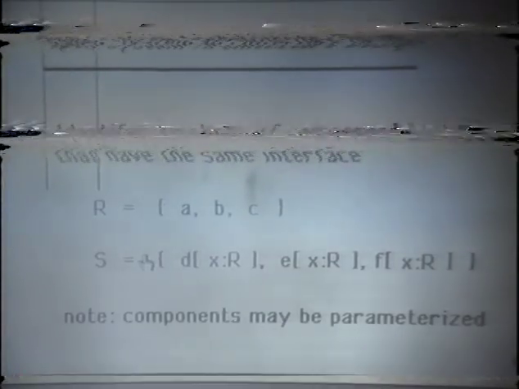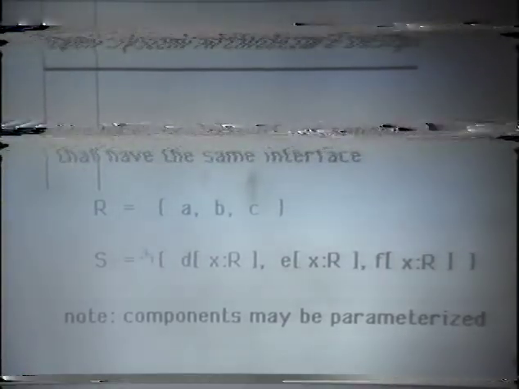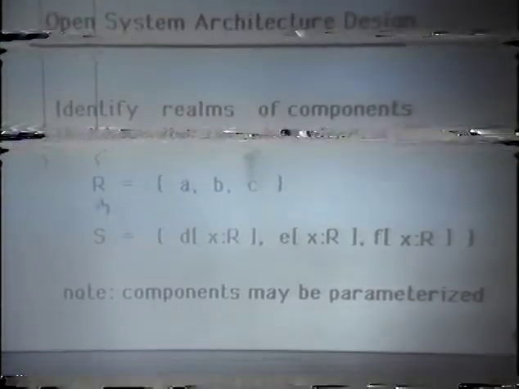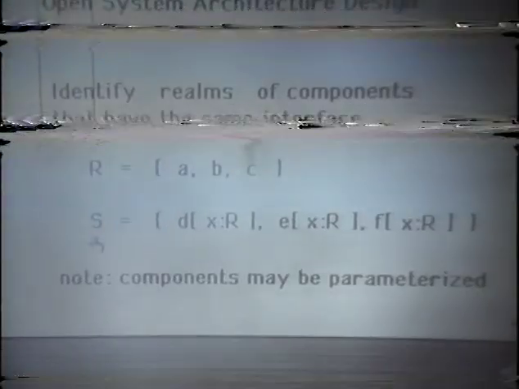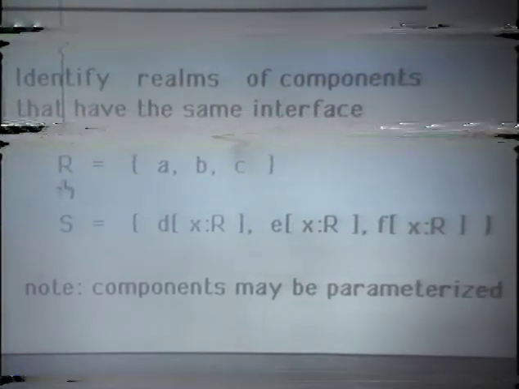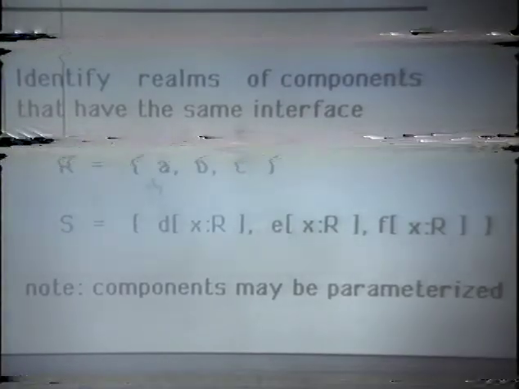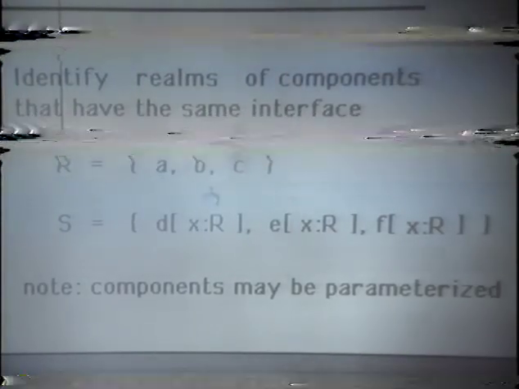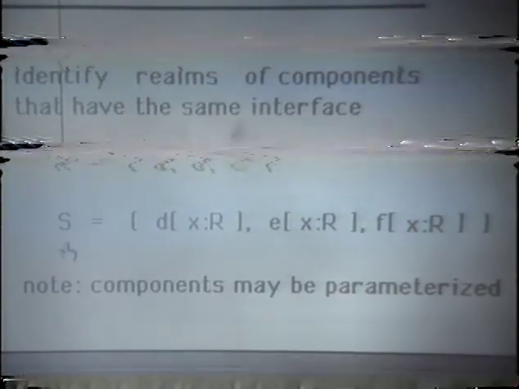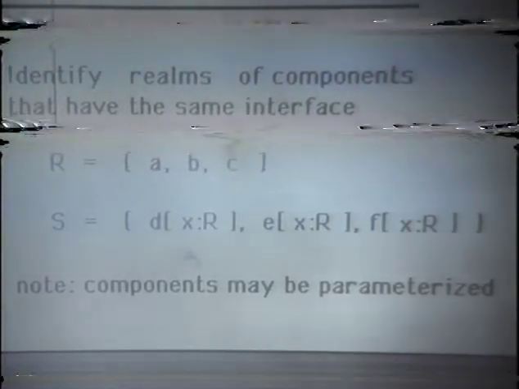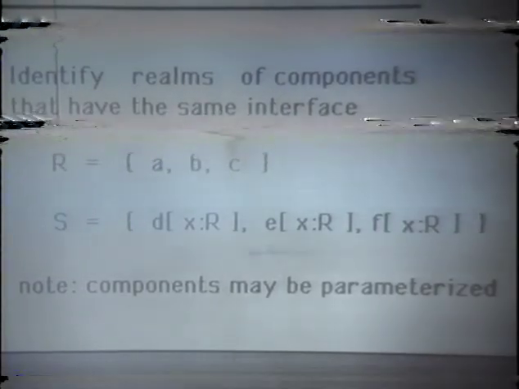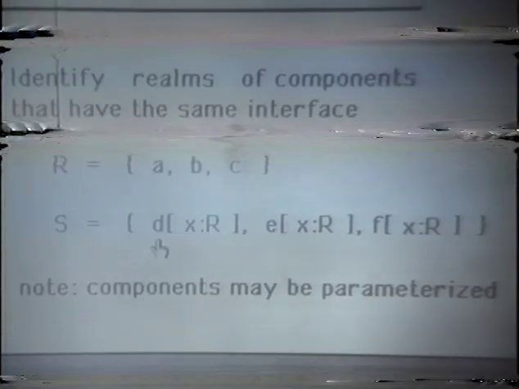In designing an open system architecture, one has to identify realms or sets of components that have exactly the same interface. Here are two realms, R and S. Think of a realm as an enumerated type. Realm R, or enumerated type R, contains three components, A, B, and C. Realm S also contains three components, D, E, and F. Some of these components can have parameters.